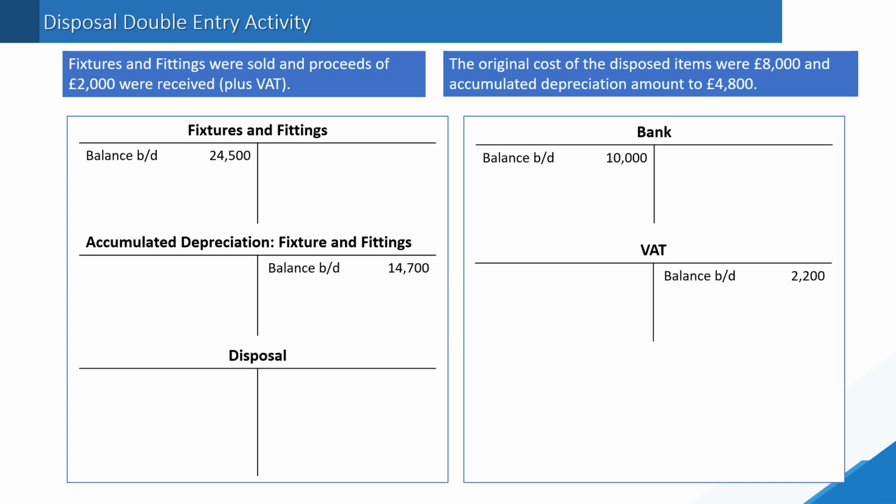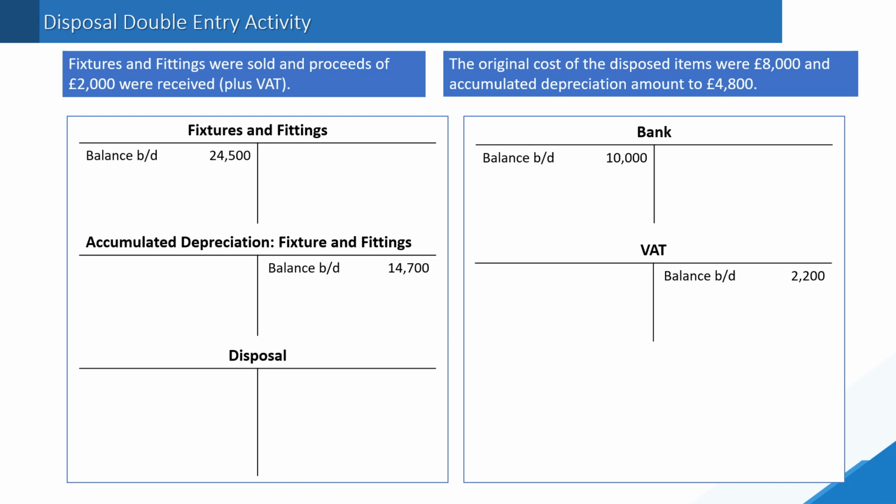I know 24,500 and the 14,700 are familiar to us; we saw that on the previous slide. We've also been given a bank, a VAT and a disposal account. I make this sound so simple, but all we have to do is apply those 3 steps: remove the asset, remove the accumulated depreciation and deal with the proceeds.